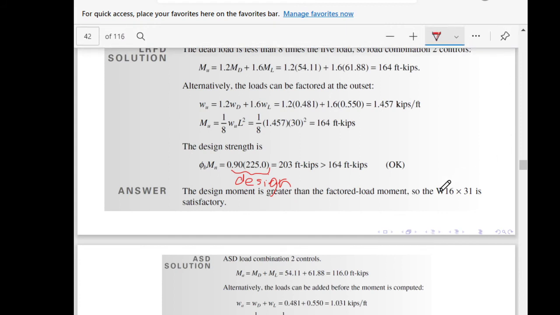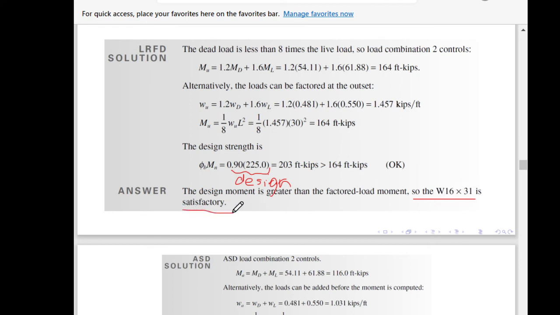So this section, this W16 by 31 steel, is satisfactory.